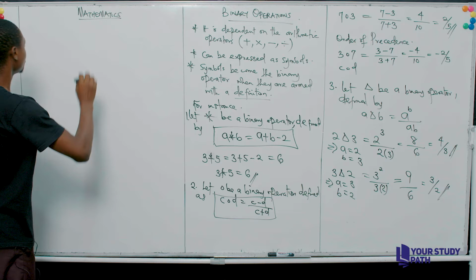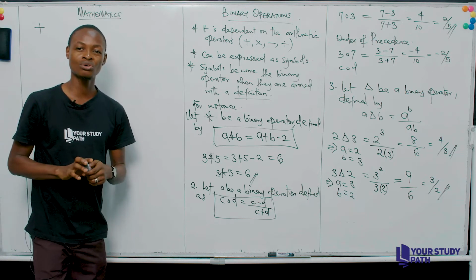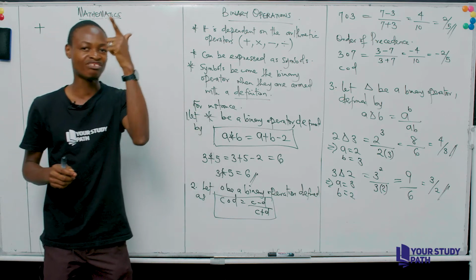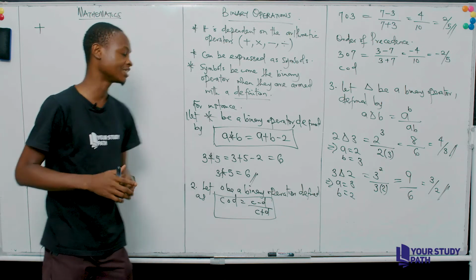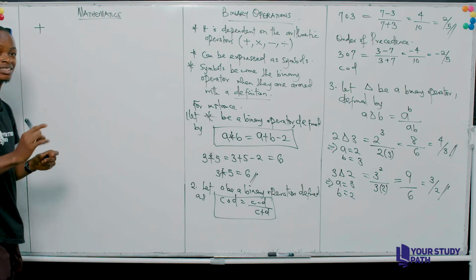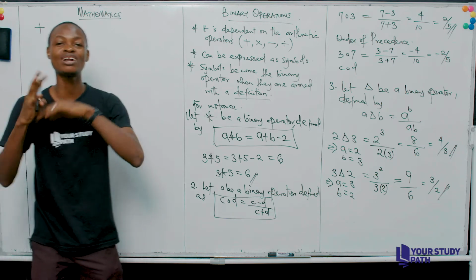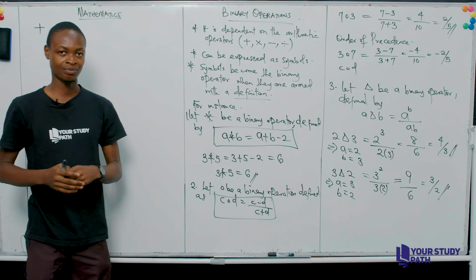For instance, do not forget that in plus, we have some terms we call the additive identity and the additive inverse. Recall that we say that the additive identity is that term that if you add it to any other number, you will get that number back.